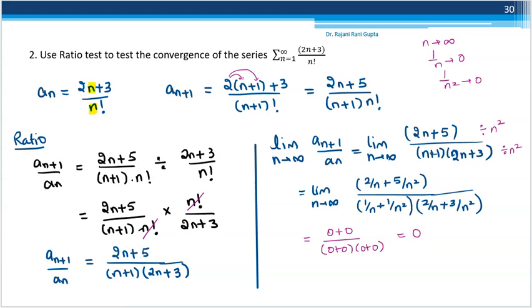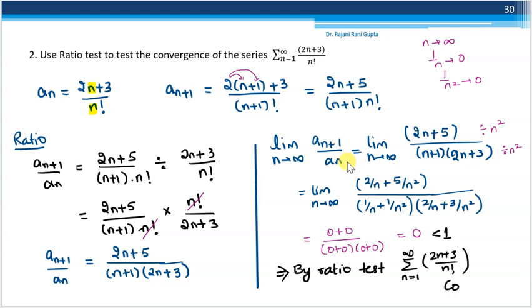So this limit is 0, which is less than 1. So you say that by the ratio test, the given series, (2n+3) over n factorial, n from 1 to infinity, converges.